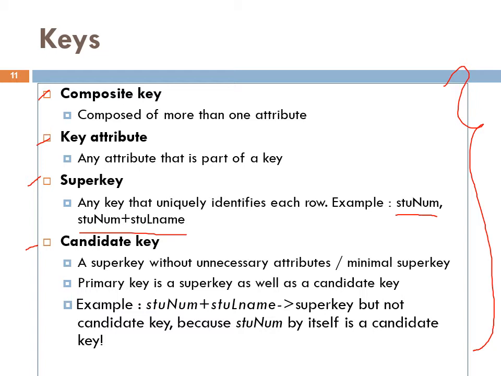But not a candidate key, because student number by itself is a candidate key. A candidate key is sometimes confused with a super key, but basically a super key normally holds a unique identity. I think that's all. Maybe you can look at more examples in a textbook.